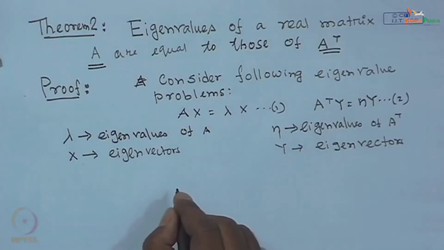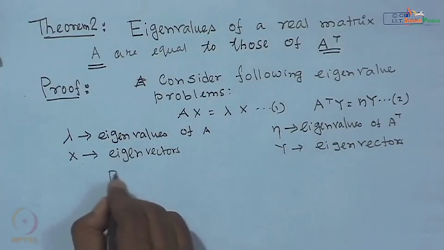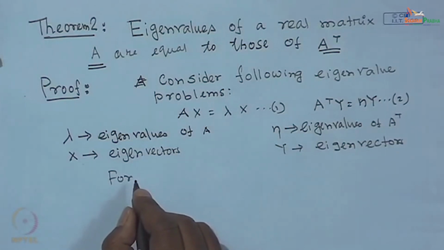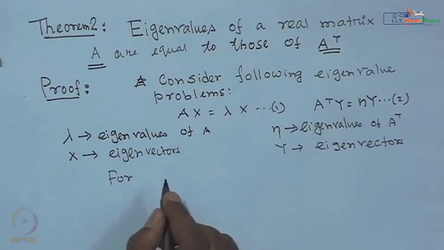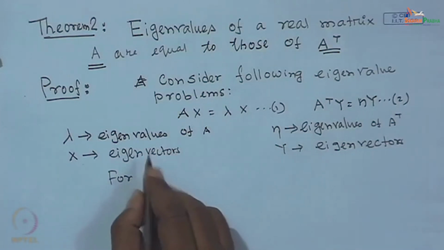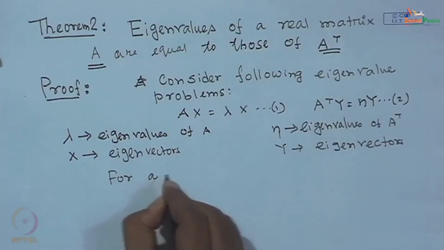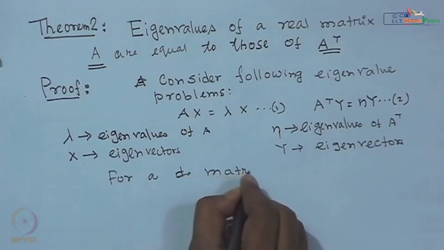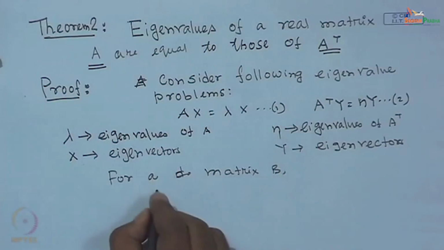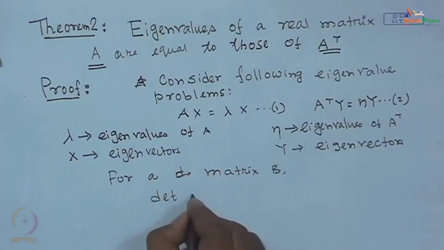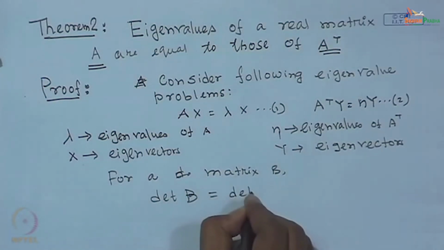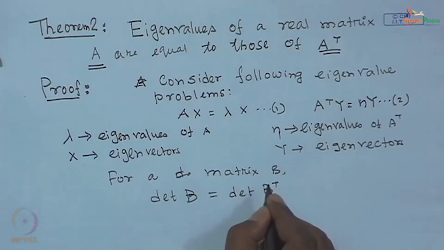Now, we have already seen from the property of the determinant that determinant of a matrix is equal to the determinant of the transpose matrix. So, we utilize the property for a matrix B. Determinant does not change whether the matrix is transpose or normal. So, determinant of B is identical to determinant of B transpose.